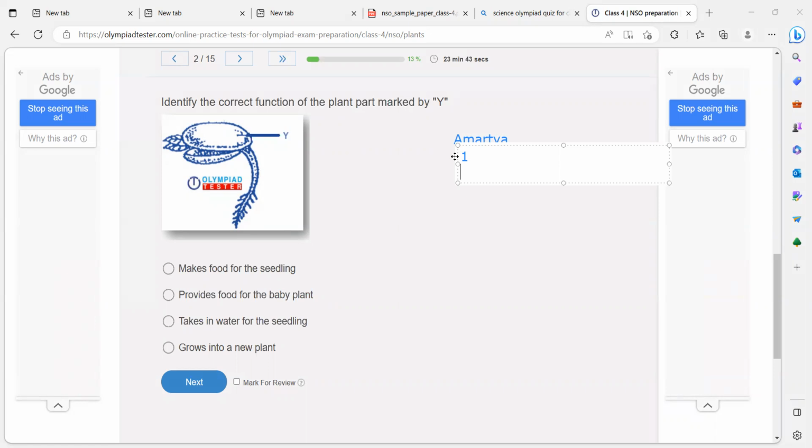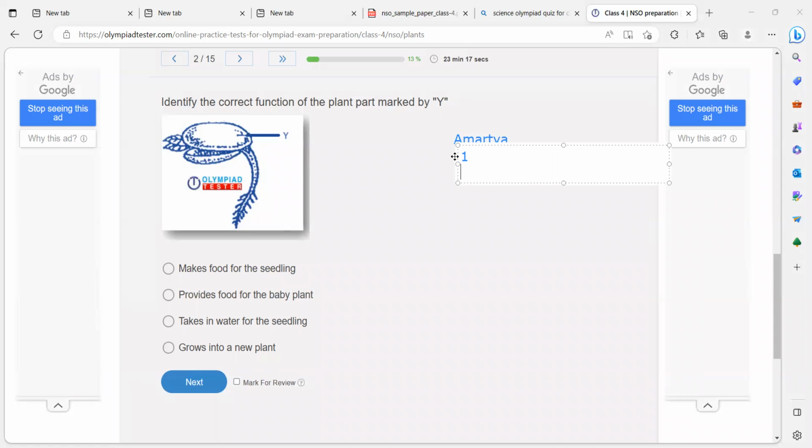Identify the correct function of the plant part marked by Y. Well, what to do?